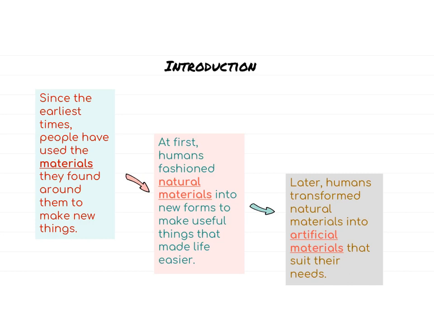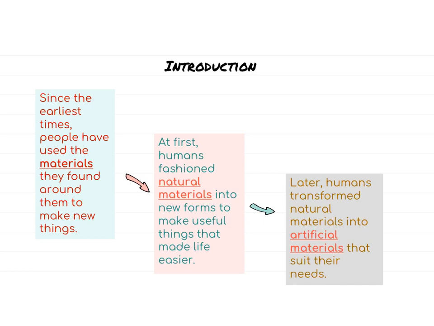A simple introduction will start by thinking about the earliest times when people used the materials they found around them to make new things. At first, humans fashioned natural materials into new forms to make useful things that made life easier.